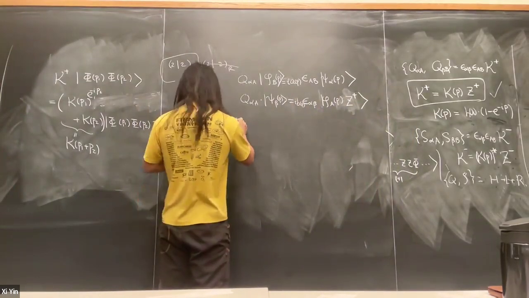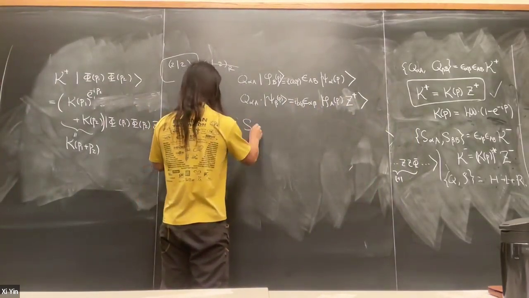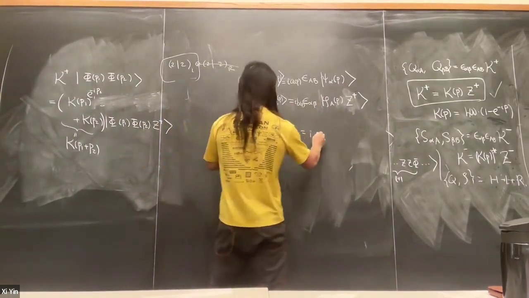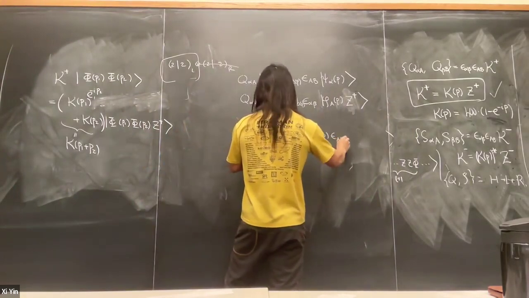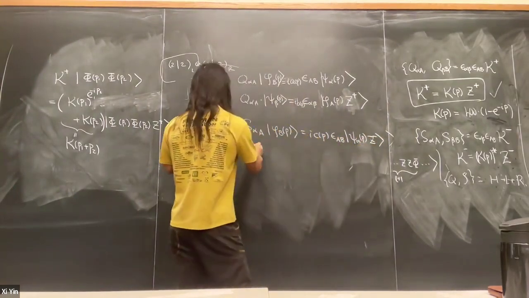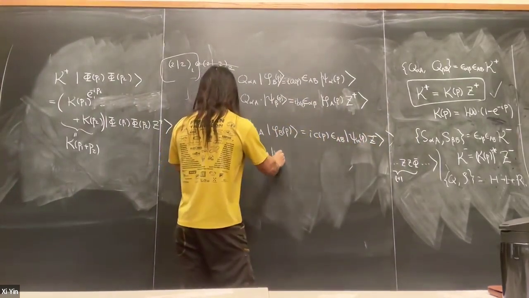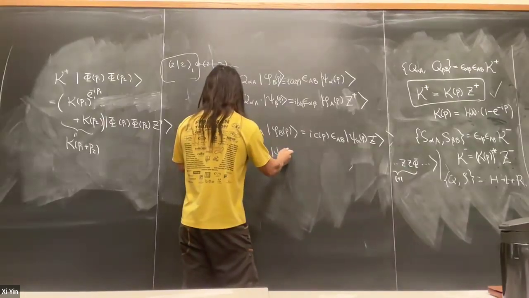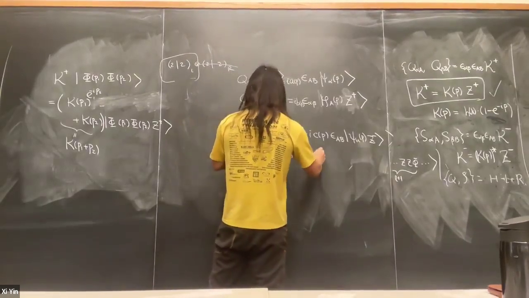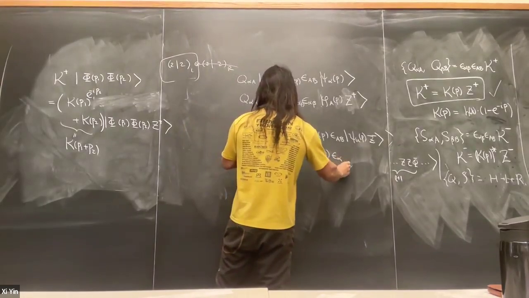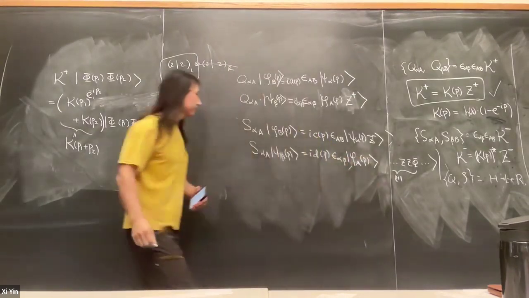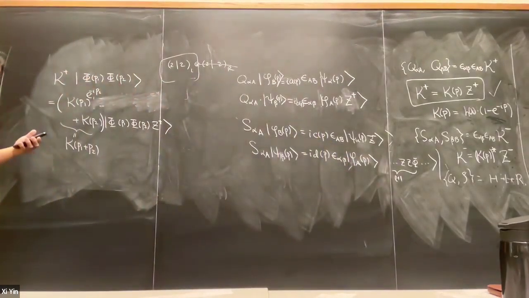S is going to act similarly. S on phi gives i C of p, epsilon AB, psi alpha B Z minus. And finally, S on psi gives i D of p, epsilon alpha beta, phi A. Right.